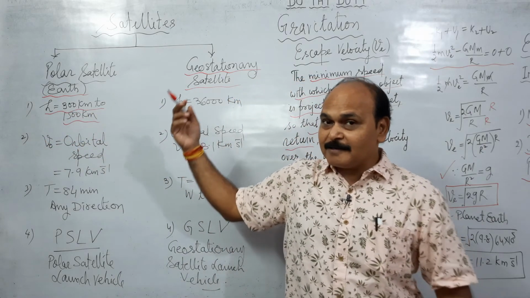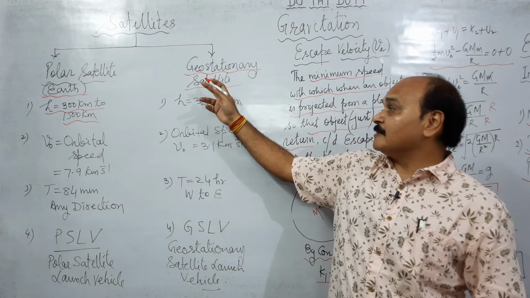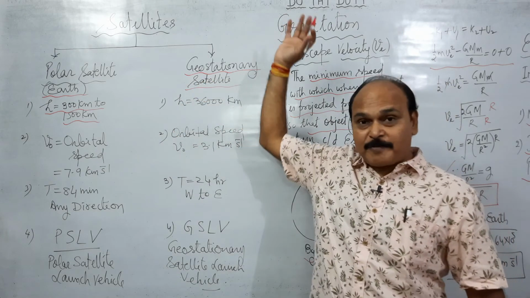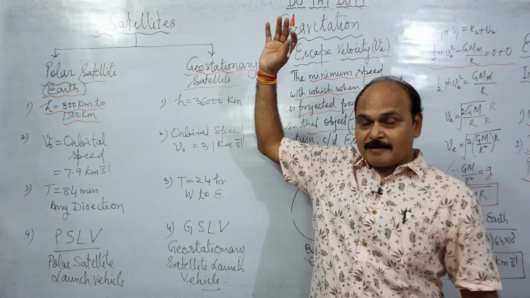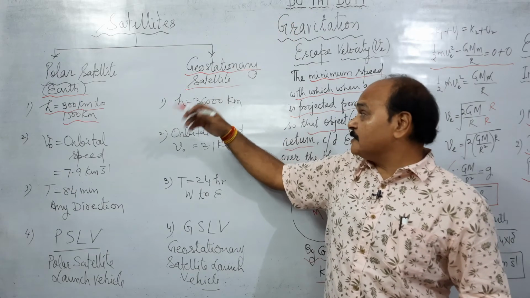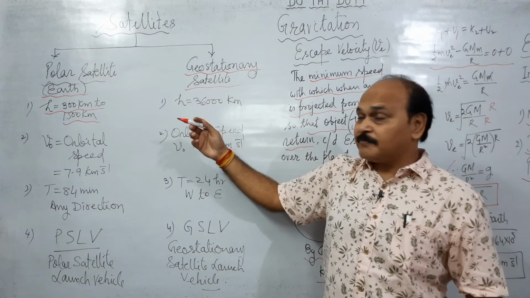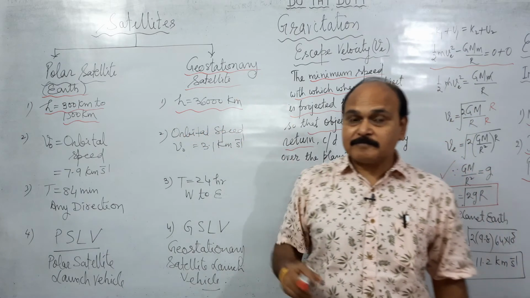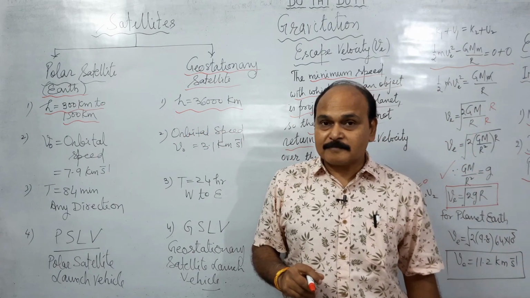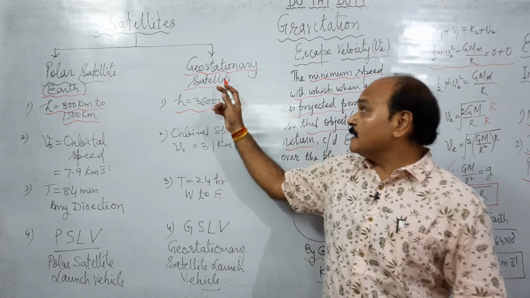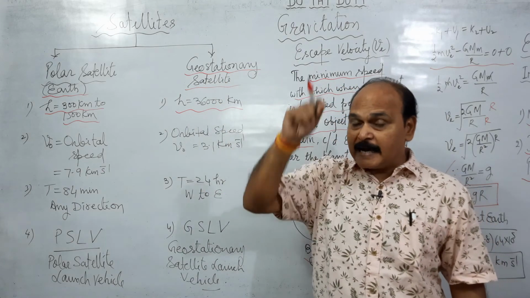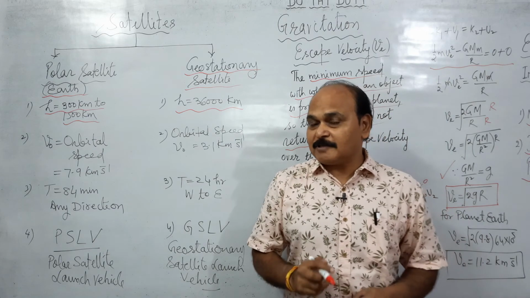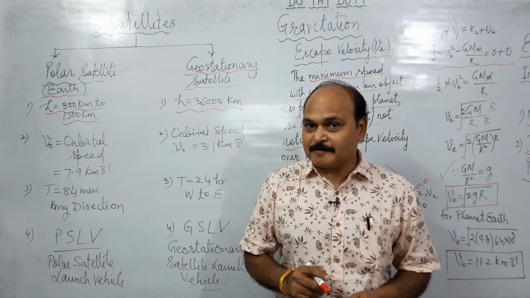On the other hand, geostationary satellites are far away from the Earth's surface, at a distance of exactly 36,000 km above it.